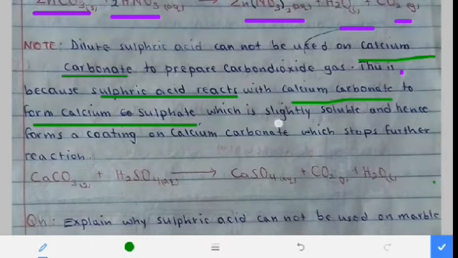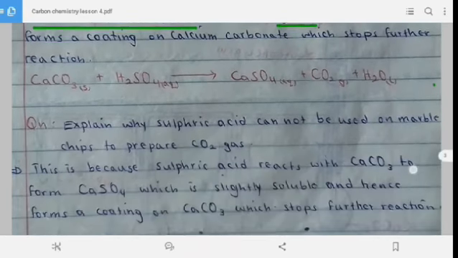This calcium sulfate is slightly soluble and hence forms a coating on calcium carbonate, which stops further reaction. So there you have the equation of calcium carbonate reacting with sulfuric acid. It forms calcium sulfate, which is slightly soluble, so it prevents calcium carbonate from continuing to react. Hence it forms little products.